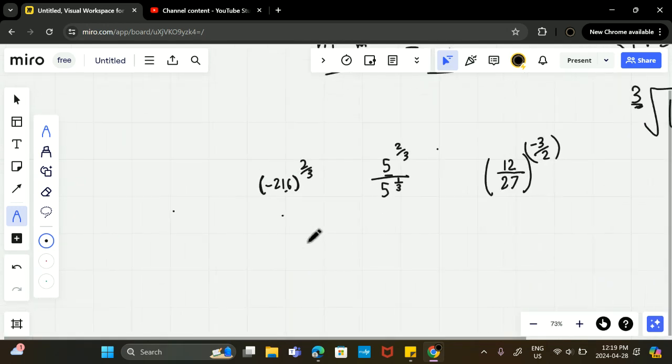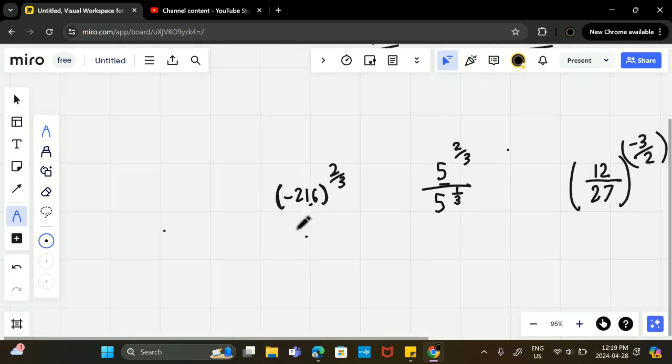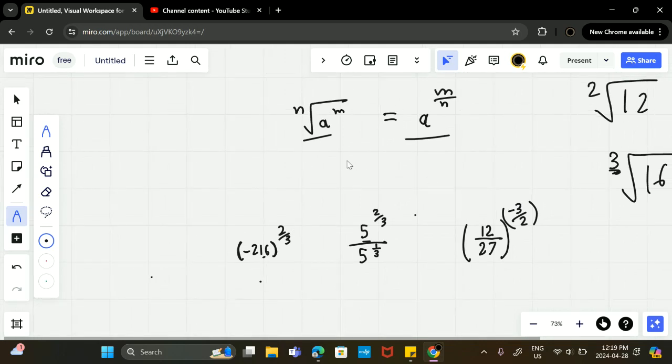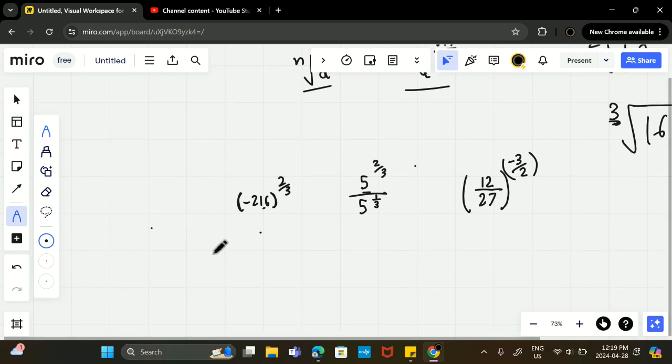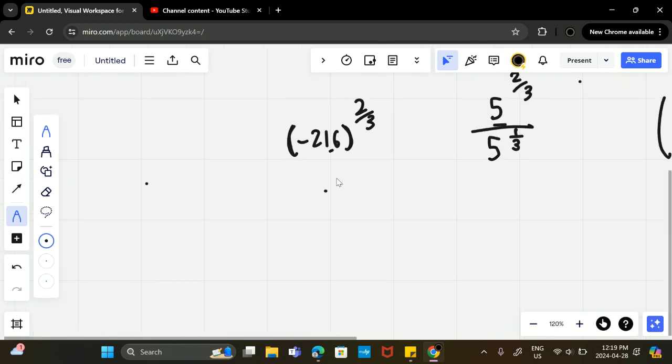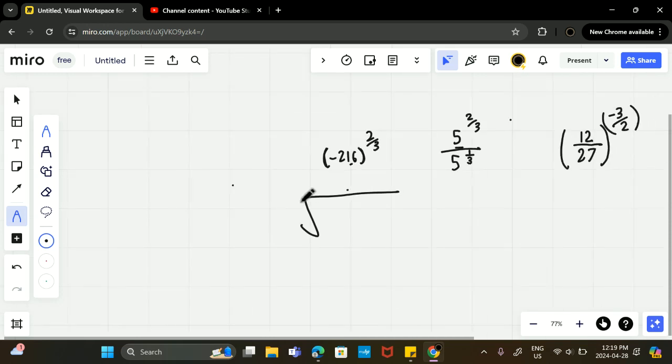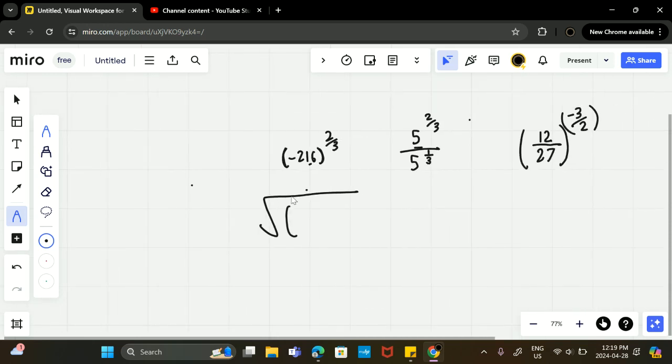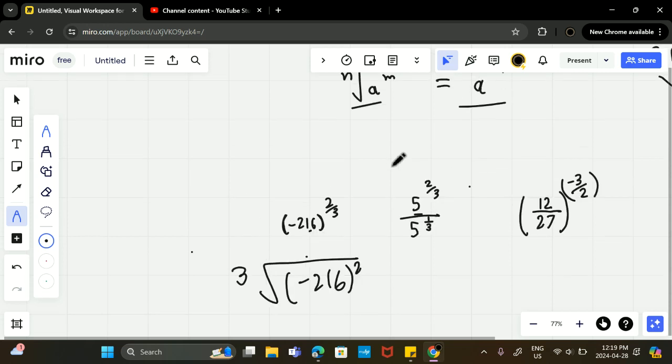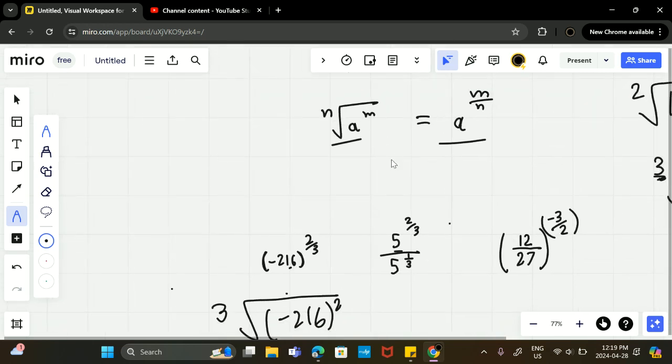For this first one, I'll try to reference what I'm doing, the conversion between the rational form, the radical form, and the exponential form, right? Okay, so for this one, nice and simple. First, what type of root is this?